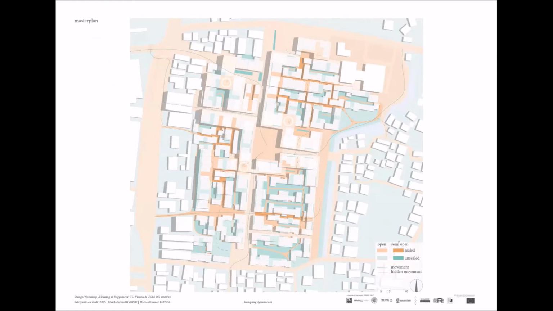And here you also can see different movements, as it's always possible to choose a free movement or also a hidden movement. So you always keep a different feeling or emotion to walk through our project.